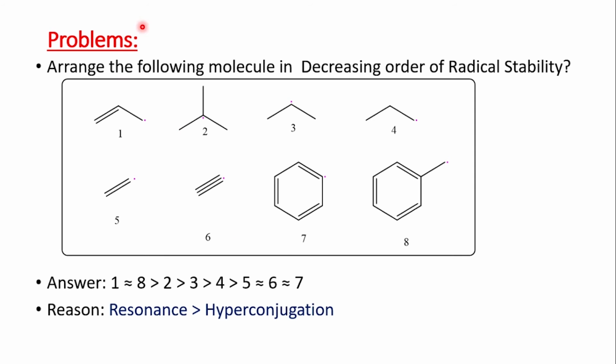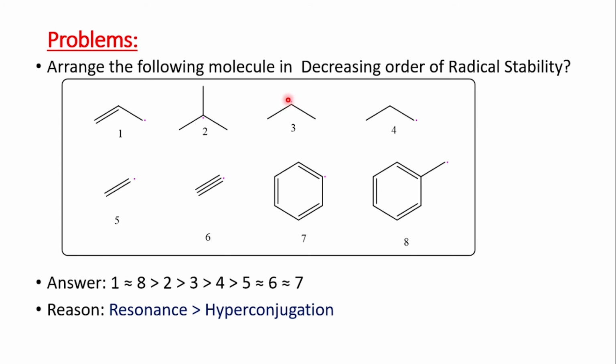In the next problem, arrange the following molecules in decreasing order of radical stability. There are 8 molecules, 1, 2, 3, 4, 5, 6, 7, 8. This first molecule is a primary radical, or we can say an allyl radical. This radical is stabilized by resonance. This radical is stabilized by hyperconjugation.